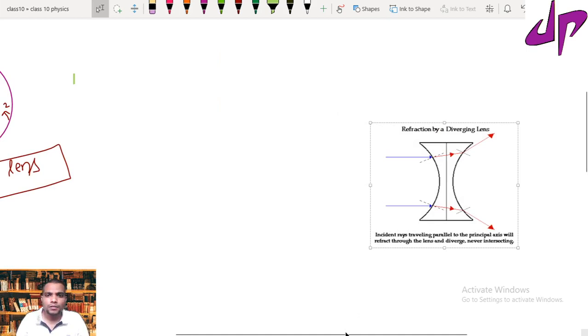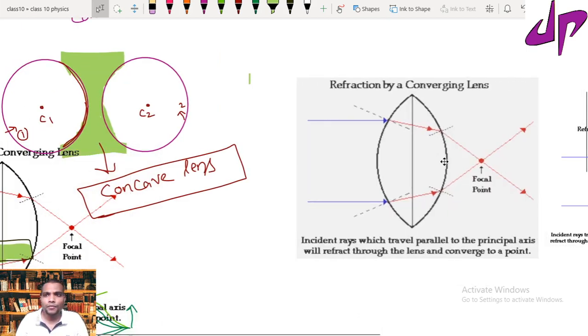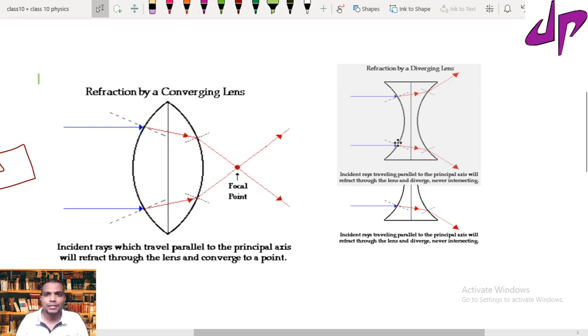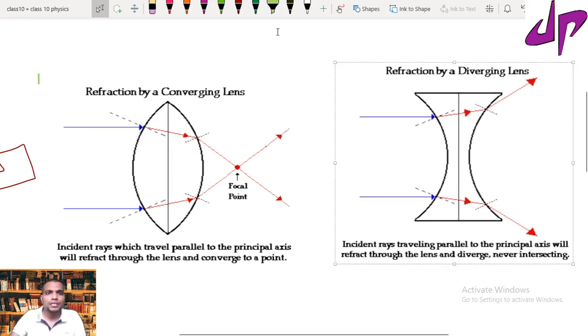These two parts tell us how the light ray refracts after passing through the lenses, one for the convex lens and one for the concave lens.